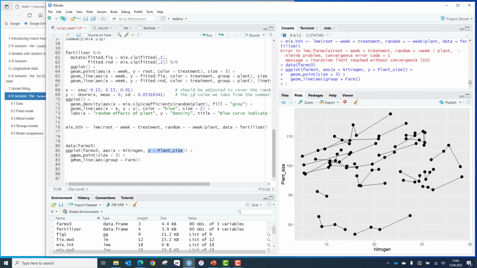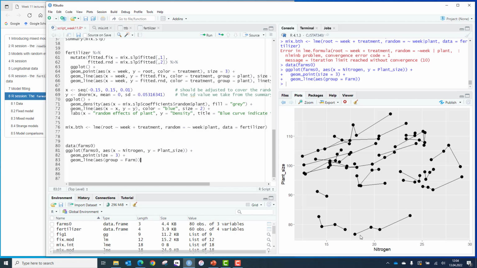And again, there is no treatment here, right? So all the colors are the same, but I use the same idea as before, because the measurements from the same farm are now being linked by these lines. So each observation is a dot, and those who come from the same farm are now linked.